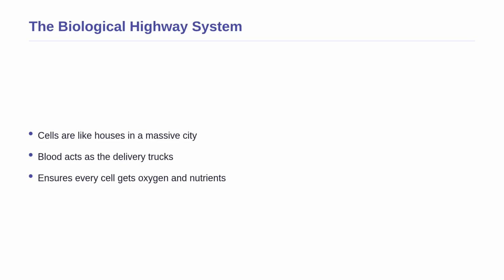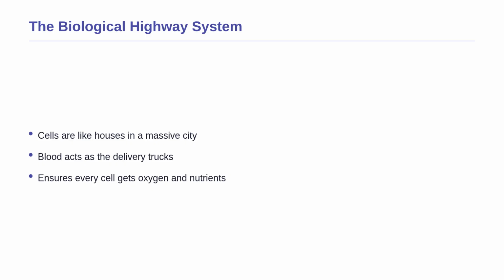To understand this system, let us start with a simple analogy. Imagine a massive, bustling city with millions of houses and businesses. If the grocery store is right next door, you can just walk outside. But in an enormous city, you need a complex network of highways and delivery trucks to bring food to every house and take the trash away.